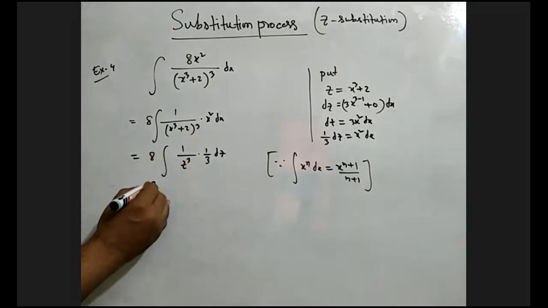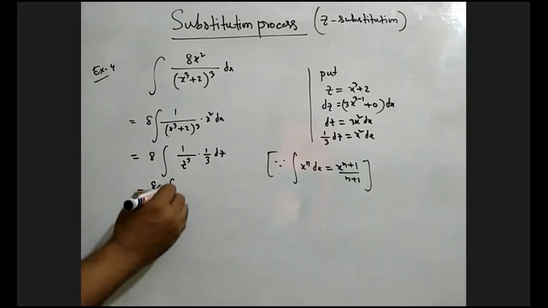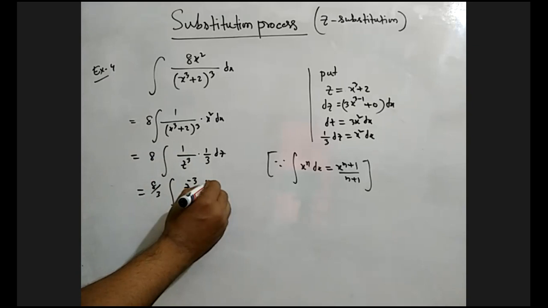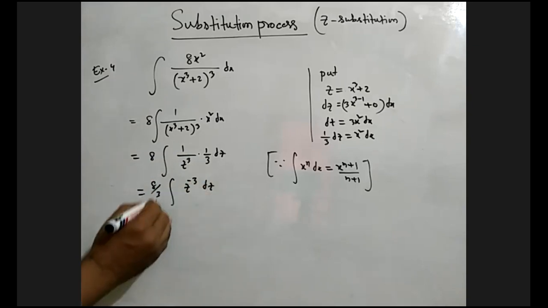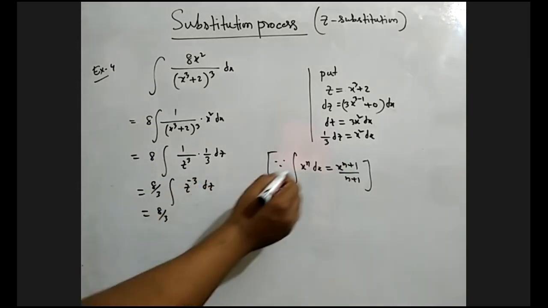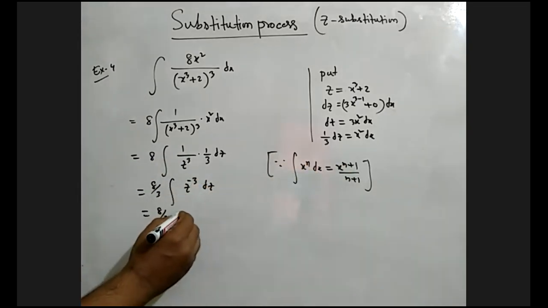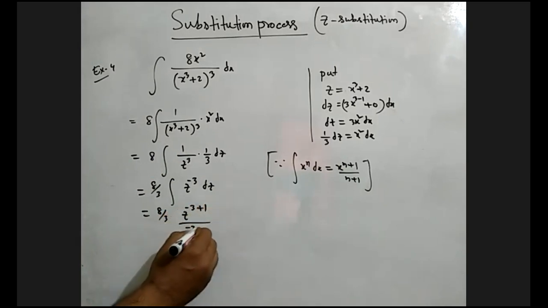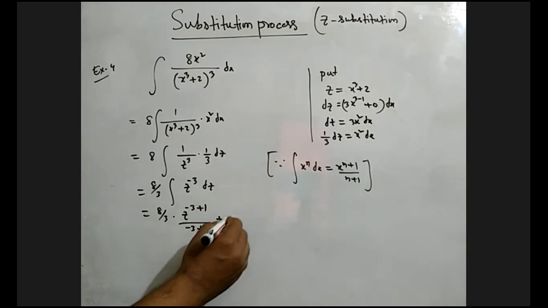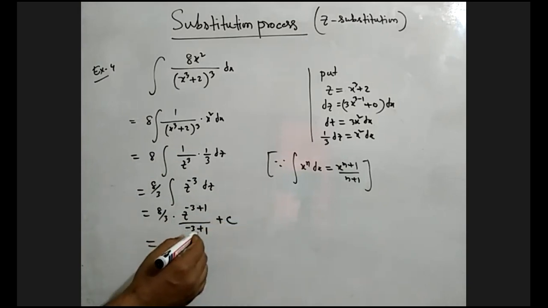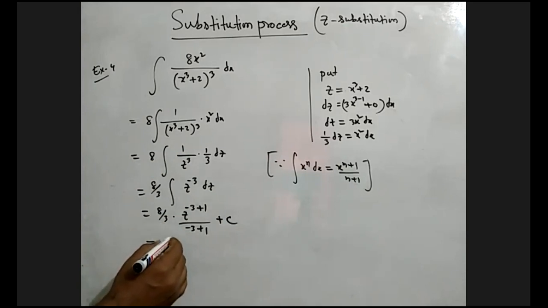So 8 by 3 are the constants in front. This 1 by z cube can be written as z to the power minus 3. Now we can easily use the power rule, n equals minus 3. So we write minus 3 plus 1 divided by minus 3 plus 1 plus the integral constant. So 8 by 3, and this will be minus 2, so minus 4 by 3.